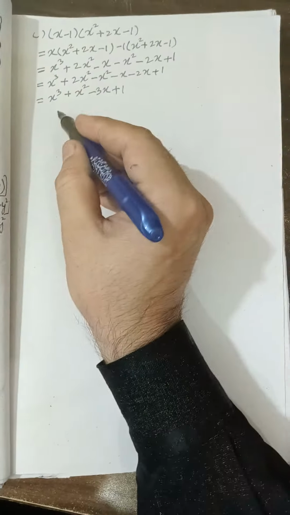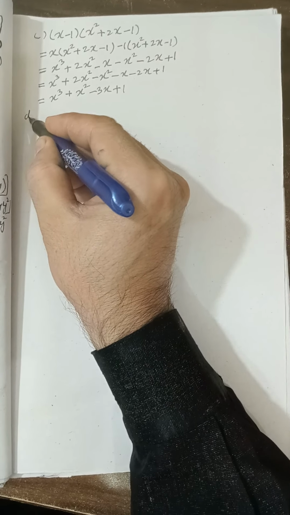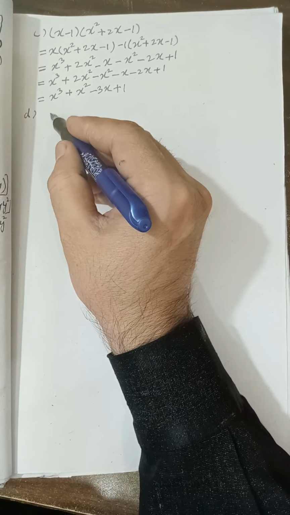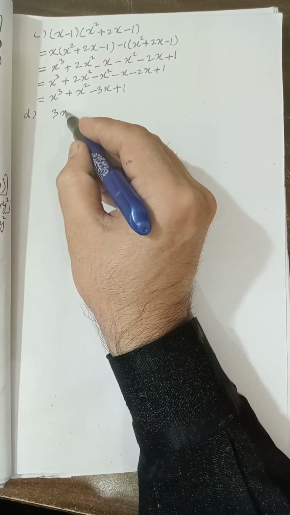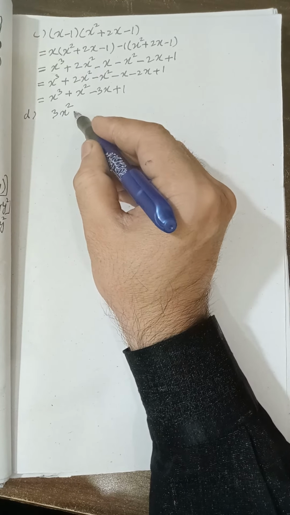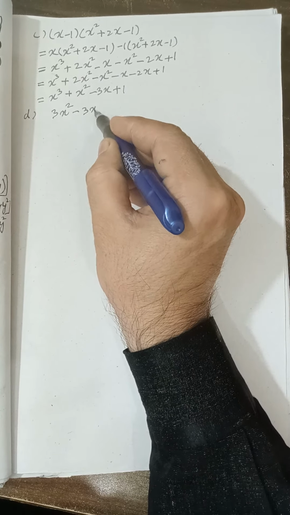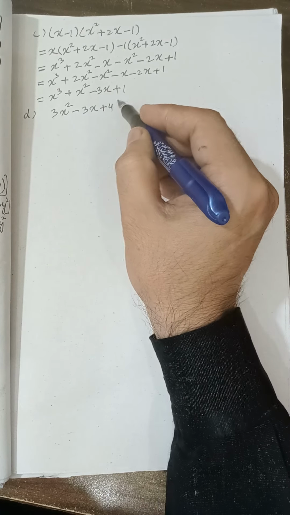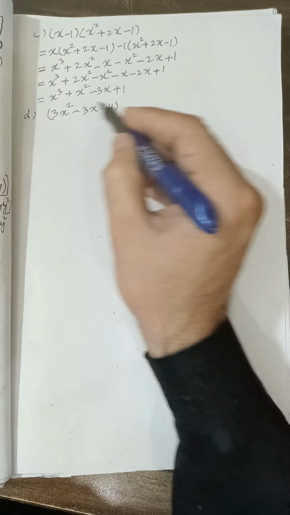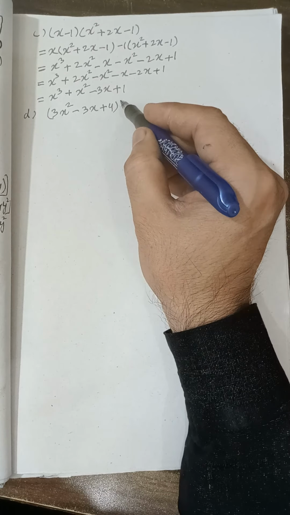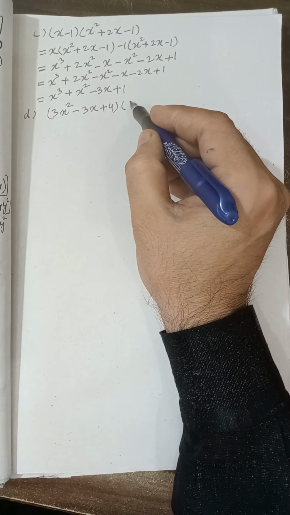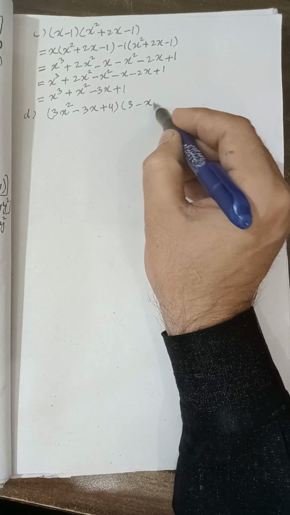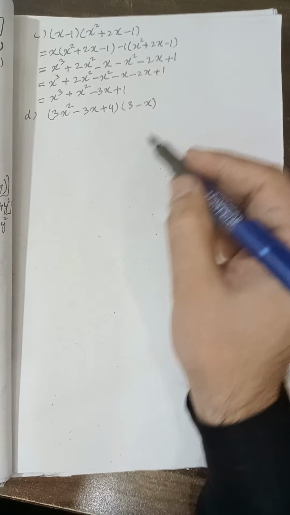Then D part. Three x square minus 3x plus 4, first term, and then 3 minus x is the second term.